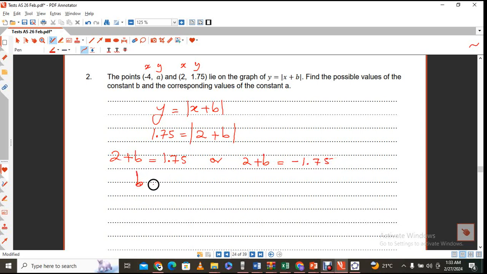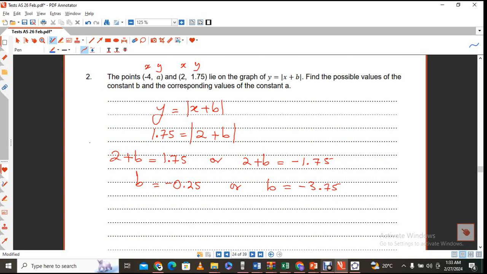So one value of b here would be, if you take it over, -0.25, or another value of b would be equal to -3.75.